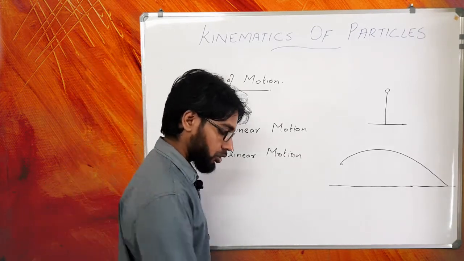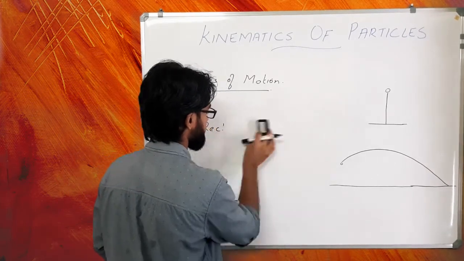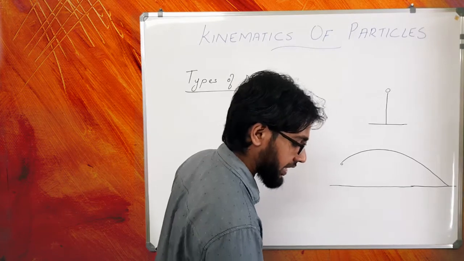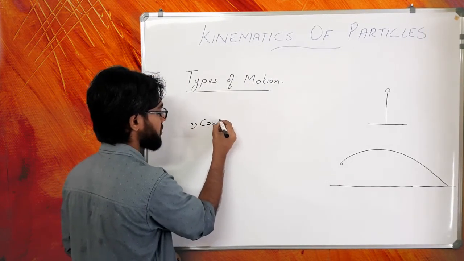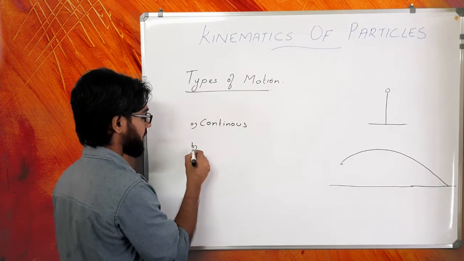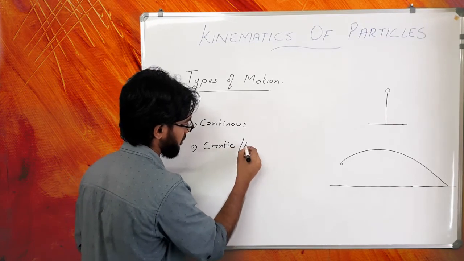Now, in both of these cases, or in the general case, motion can either be a continuous motion or it can be an erratic or non-continuous motion.